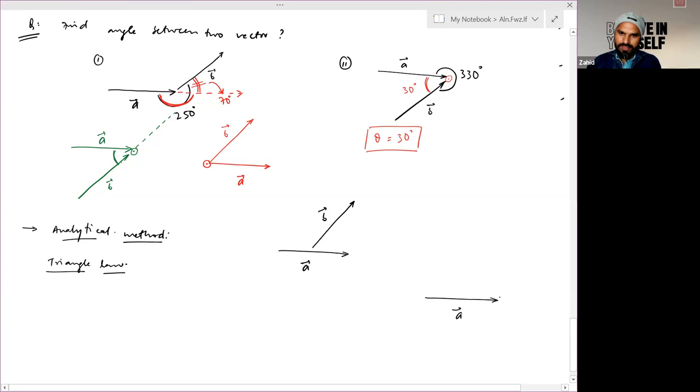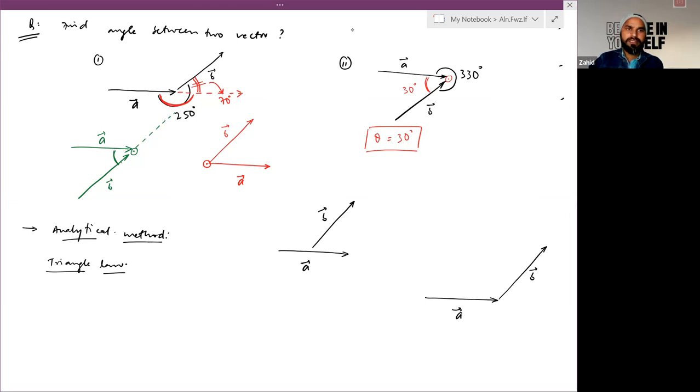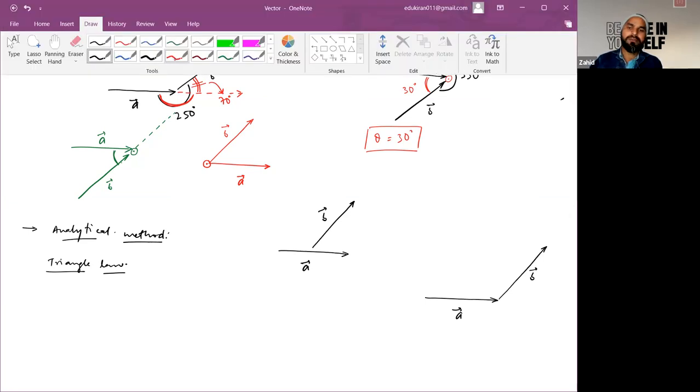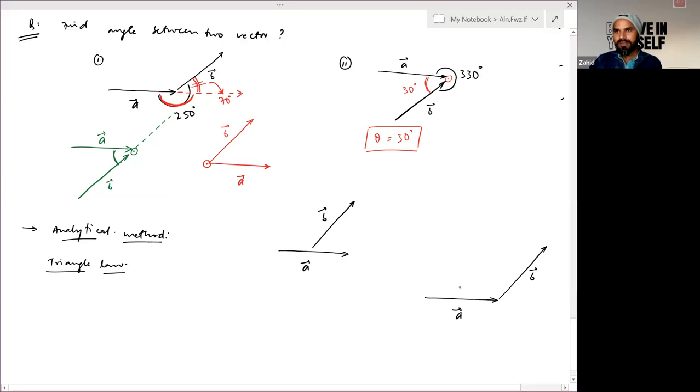vector A along this path. If we shift vector B so that it will coincide on the head of the first, it will be like this. Now, this arrangement of vectors is termed as consecutive vector, which means if the tail of the second vector coincides on the head of the first vector, they are arranged in a consecutive manner.